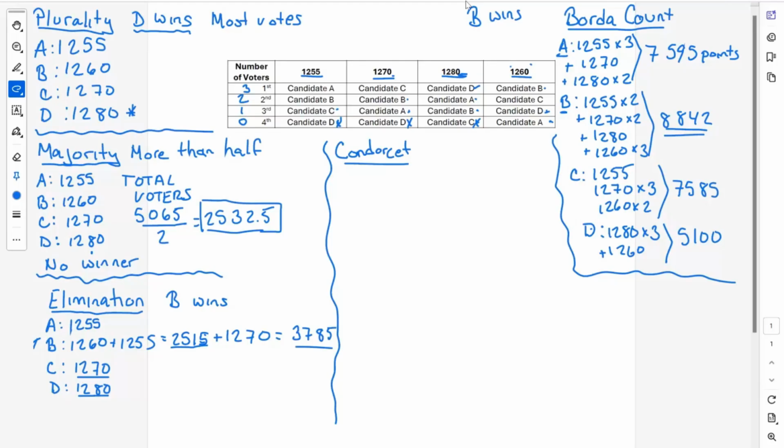Then let's imagine a scenario where the only two candidates were A and C, and then A and D. Then we would compare B and C, B and D, and then C and D. So what we're doing is putting every candidate in a pair with every other candidate and seeing who would win the election if those were the only two candidates available. Let's take a look at what that ends up being.